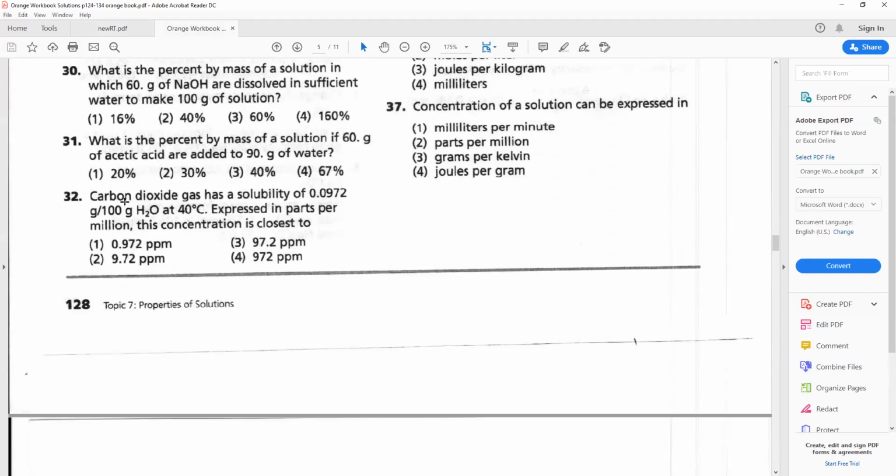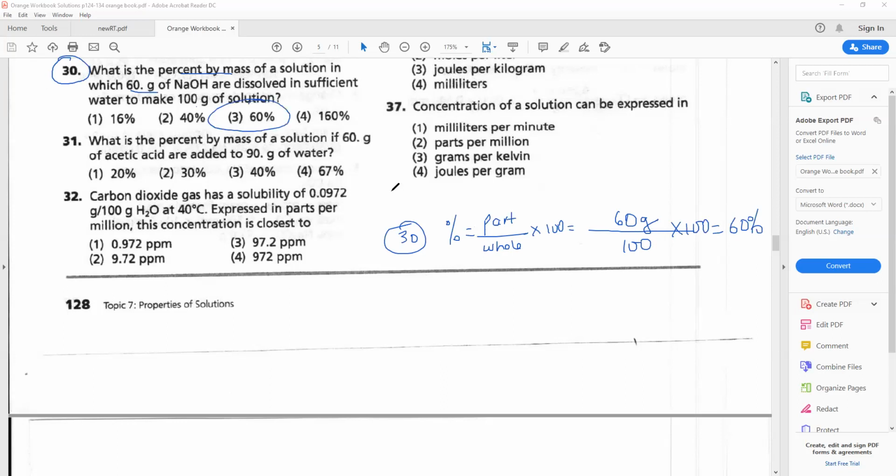We have a little bit more room over here so we can do the work over here. Number 30, they want the percent by mass if 60 grams are dissolved in 100 grams of solution. Percent by mass is part over the whole thing times 100. The part is 60 grams dissolved in 100 grams total, times 100, so it's 60%.